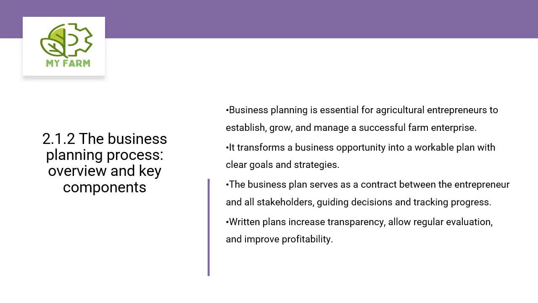It transforms a business opportunity into a workable plan with clear goals and strategies. The business plan serves as a contract between the entrepreneur and all stakeholders, guiding decisions and tracking progress. Written plans increase transparency, allow regular evaluation, and improve profitability.